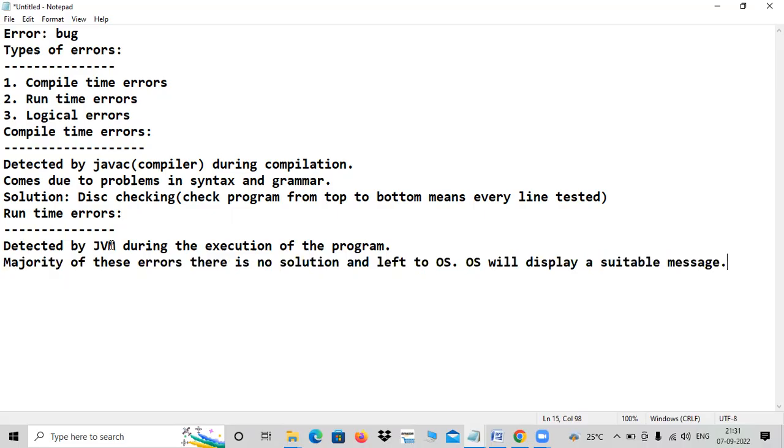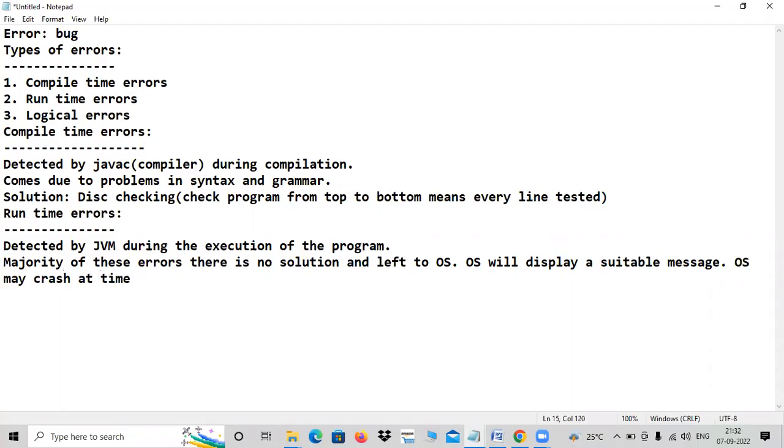When you start your system, obviously on the desktop you'll get one message, you lost so and so. So here also naturally at runtime, if you get any problem, major problems, in majority cases, OS will display some dialog box showing the message where you went wrong. Sometimes it is beyond the capacity of OS also. OS may crash. OS may crash at times.